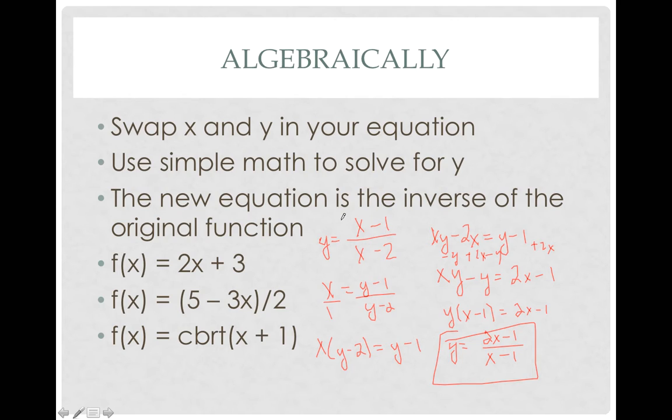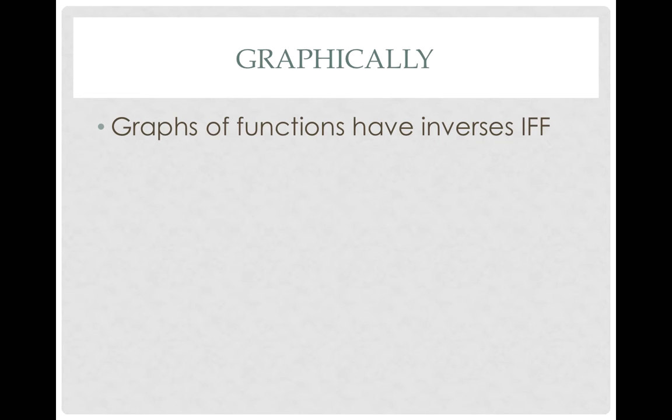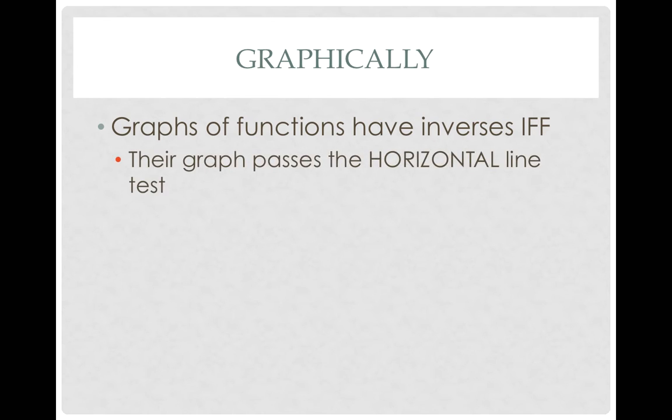Okay, moving right along, we can look at some stuff graphically as well, mainly looking to see if a function has an inverse. If you were to graph a function and wondered, does that function have an inverse? It does, if and only if the graph passes the horizontal line test.